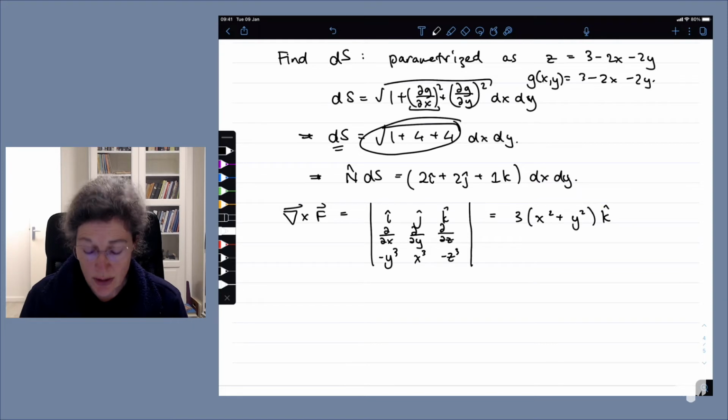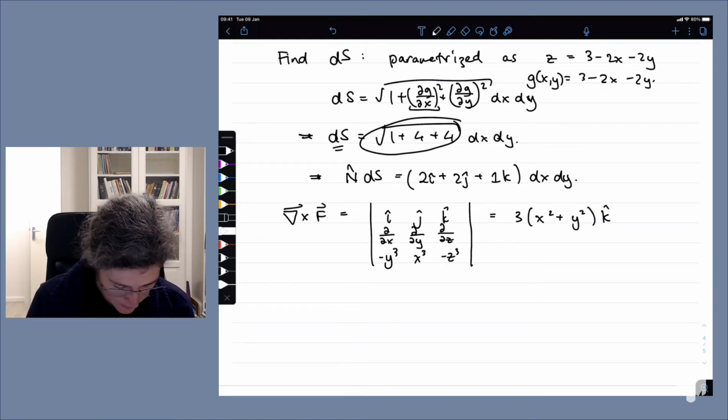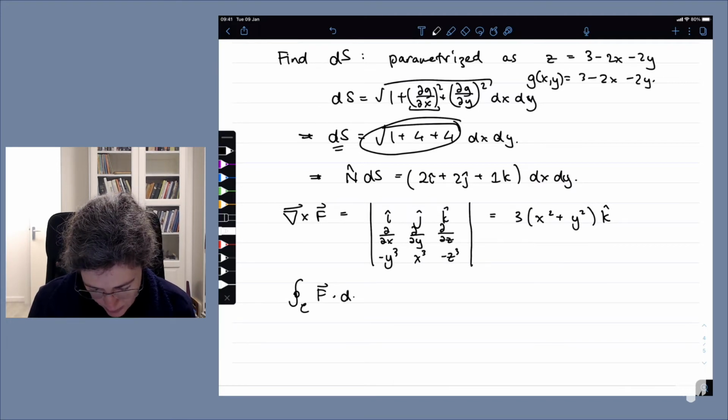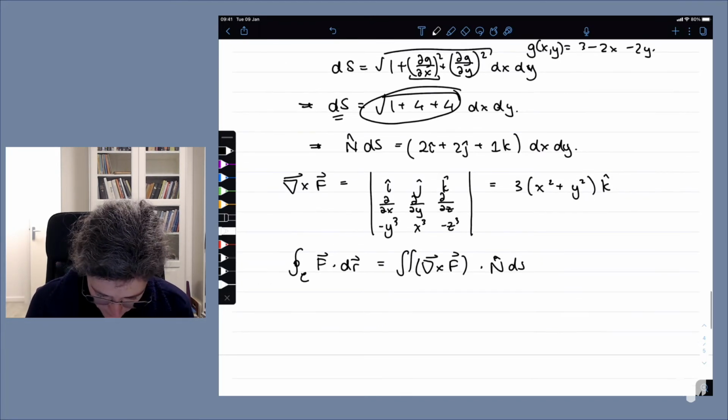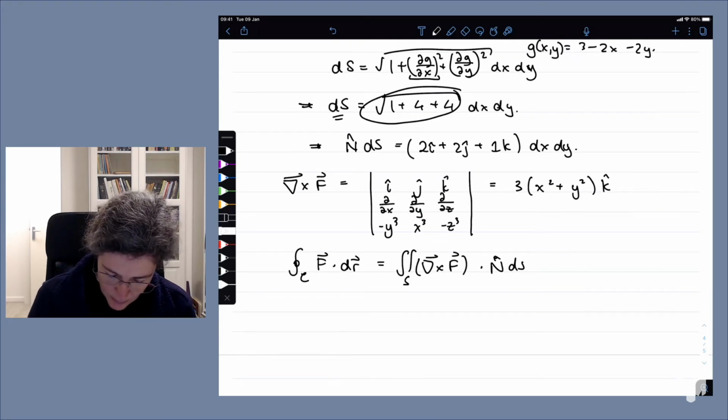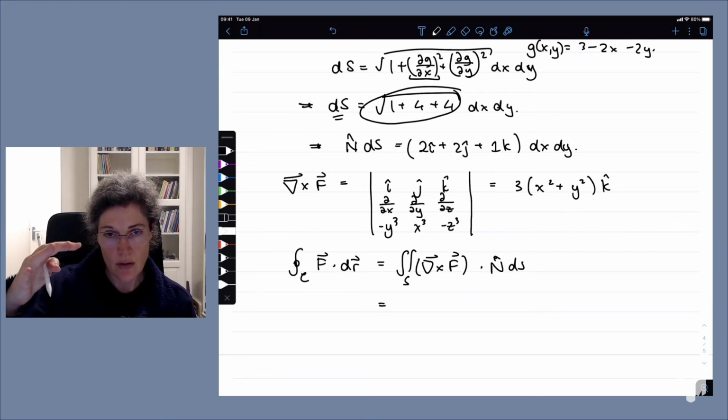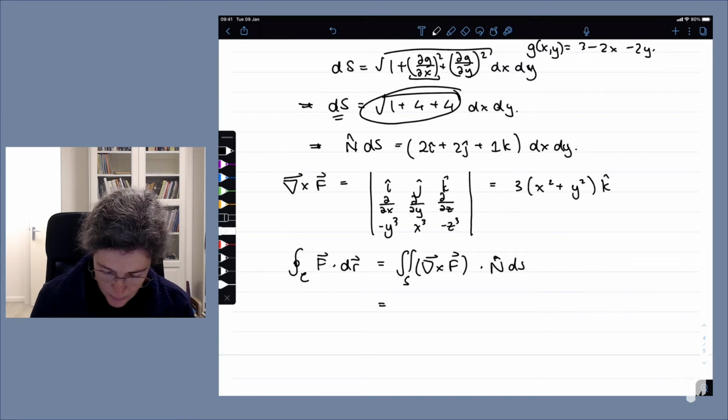All right, so putting that all together, what do we get? We get that the original line integral that we wanted to find, which looked a little bit horrendous, is equal to our surface integral of our curl, and then we turn that surface integral into a double integral that we can solve.